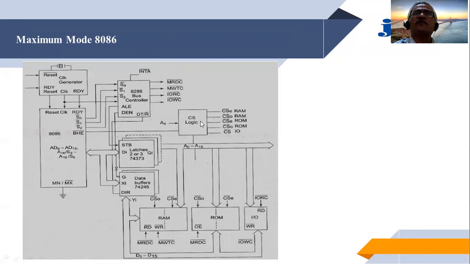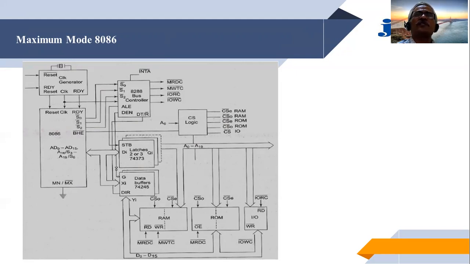Then we have chip select logic, which can be used for the different chip select lines, and this can be done with the help of BHE bar, bus high enable bar, and the A0. So these two can be used for generating the different chip select lines. Then as usual, we would require the latches, either 2 or 3, at the most 3, because there are 20 address lines that are to be separated.